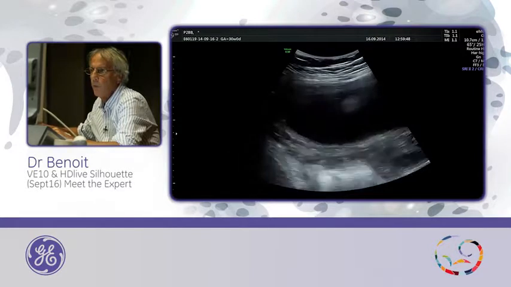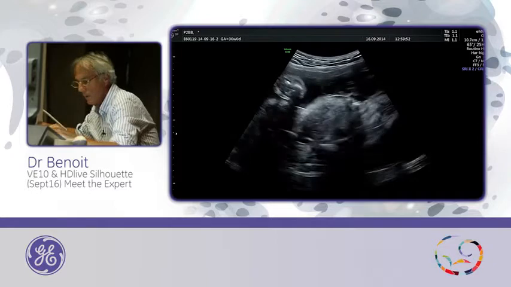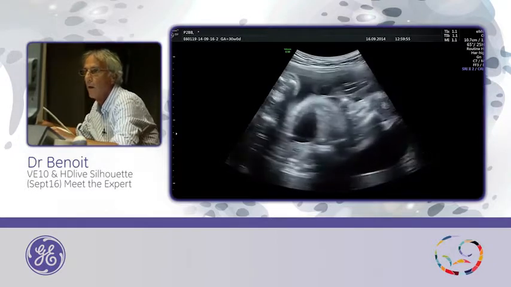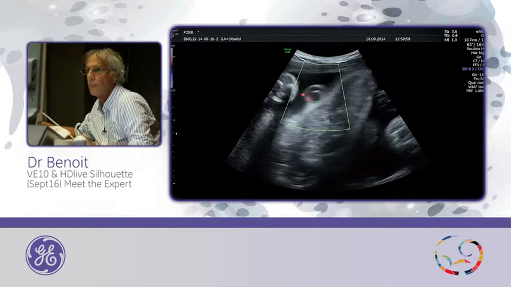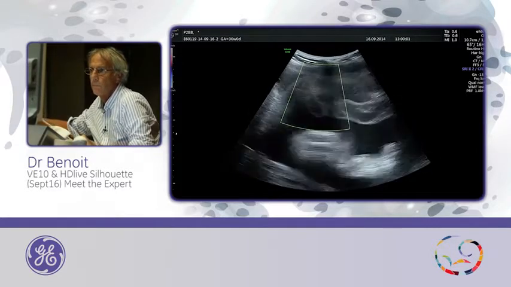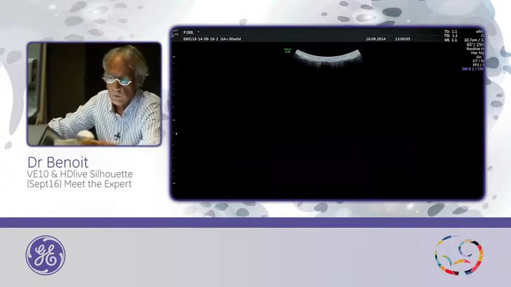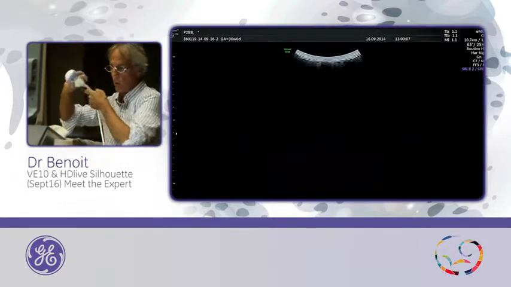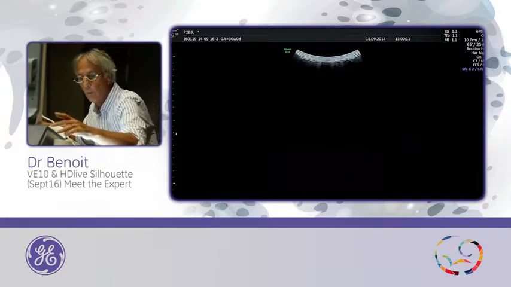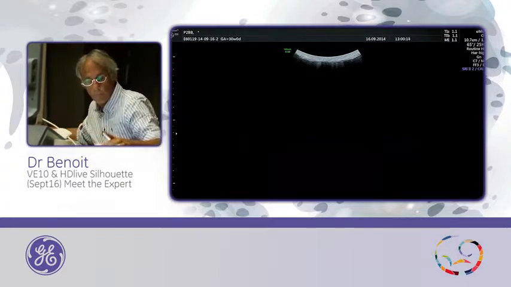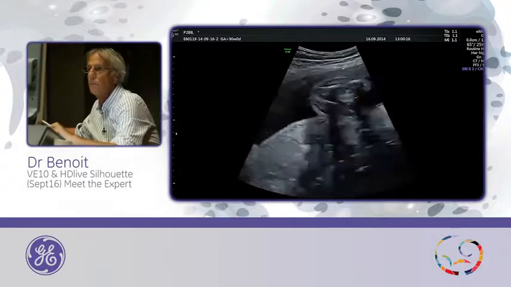So now I will move to color Doppler. And for this, I will do it on the umbilical cord. More gain. Okay. And if the baby is not moving, so this was done with electronic probe. Now I will show you quality with a classic RM6C probe.